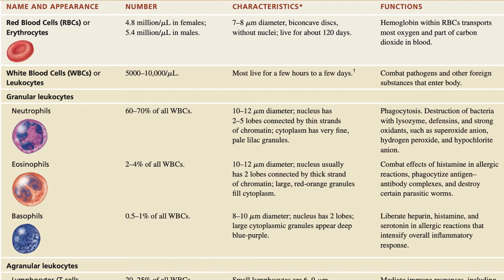This is one of the things that they usually ask for medtechs, regarding lobes. Connected by thin strands of chromatin. The cytoplasm has very fine, pale, lilac granules. So just remember the granules. That's why it's called granulocytes.